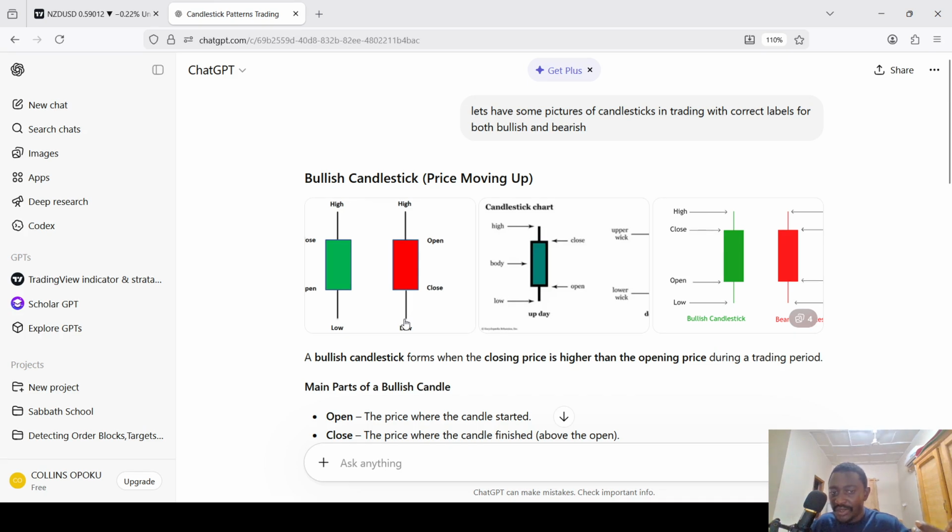The buyers came in and also raised the price to this level. So that is the closing of it. So this small one represents the body, and here are the wicks. In this video, you see that we have the upper wick as displayed here, and here we have the lower wick.